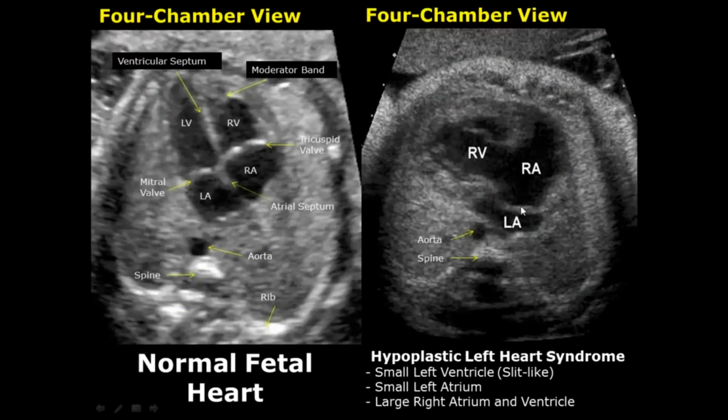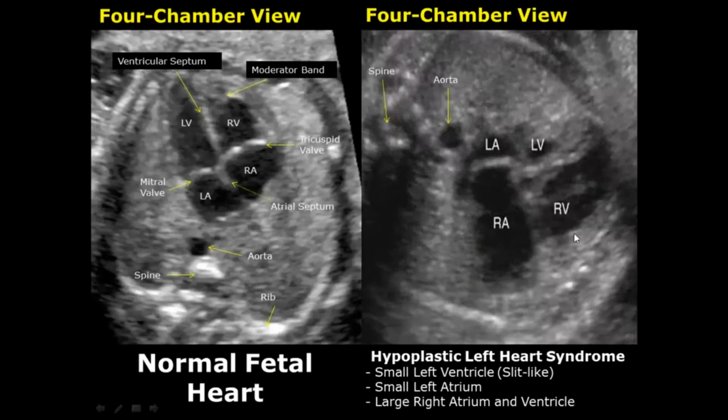We will have a small left atrium and small left ventricle, and the right atrium and ventricle will be enlarged. Here is another image of hypoplastic left heart syndrome with small left atrium and ventricle and large right atrium and large right ventricle.